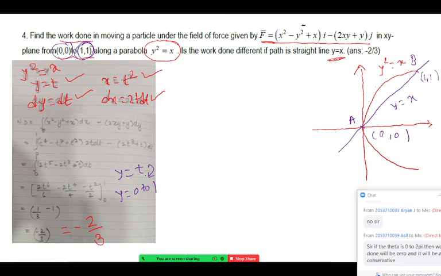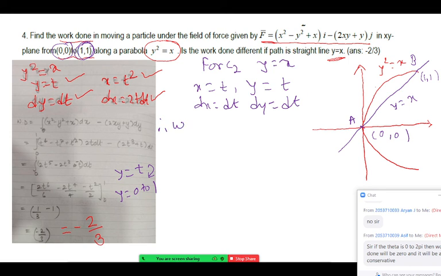Okay. Now for curve C2, which is y is equal to x, say x is t, y is t, then dx is dt, and dy is dt. Hence work done will become integral f1 dx plus f2 dy.